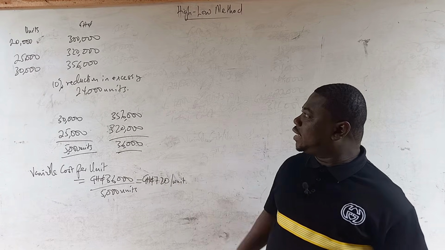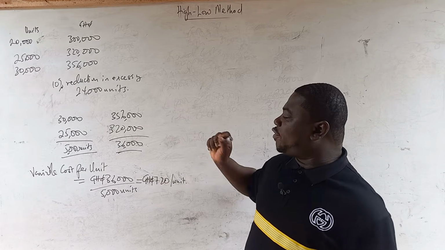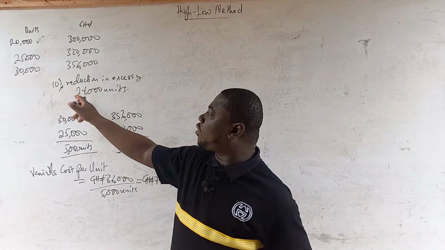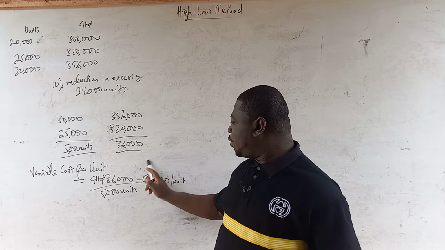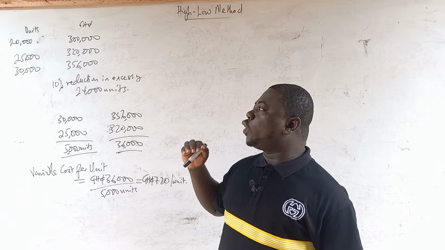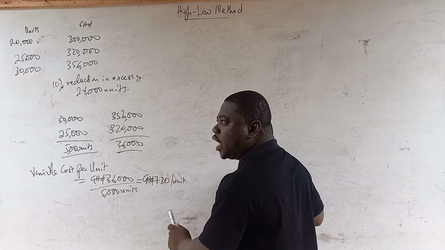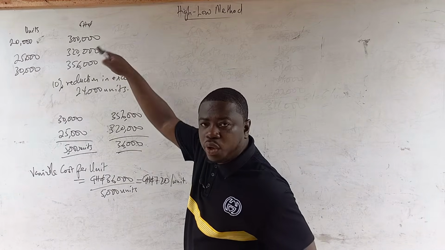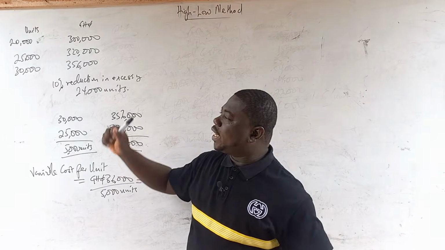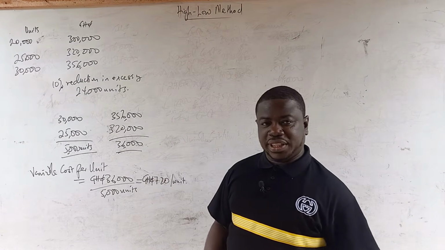Now, what it means is that this 7 cedis 20 pesos per unit is the variable cost per unit for the two levels, which are both above 24,000 units. So there is already a reduction of 10% in what we have just estimated. Listen, it means that this 7 cedis 20 pesos, which represents the variable cost per unit at these two levels, is just about 90% of the original variable cost, because we assume 100% for the original variable cost per unit, and there has been a reduction of 10%.